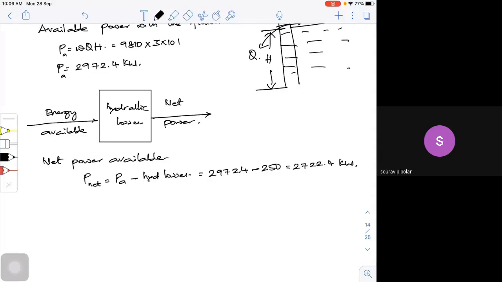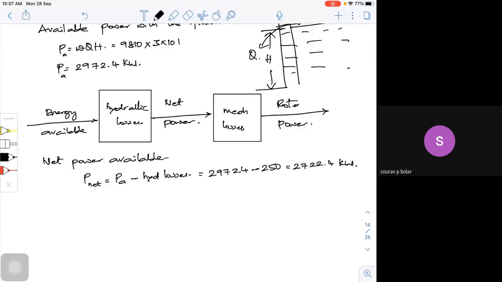Now what I have actually, I do have the mechanical losses. Look at this. This is my mechanical losses. So after that mechanical losses, what I have is the rotor power or shaft power, whatever it may be. This is what I have, the rotor power.